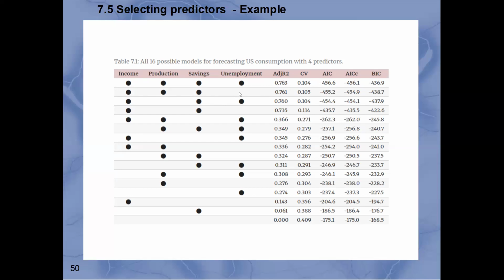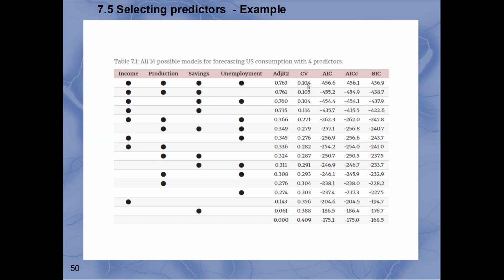If we take out unemployment in the second model, we still get a pretty high value. And if we don't use production, we still get a pretty high value. If we use just income and unemployment, then our model doesn't do so well according to the adjusted R squared value.